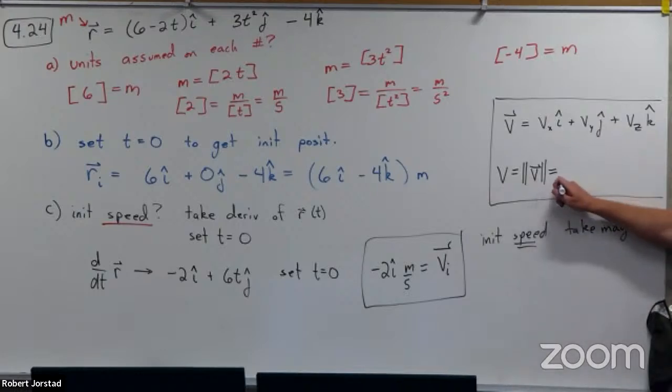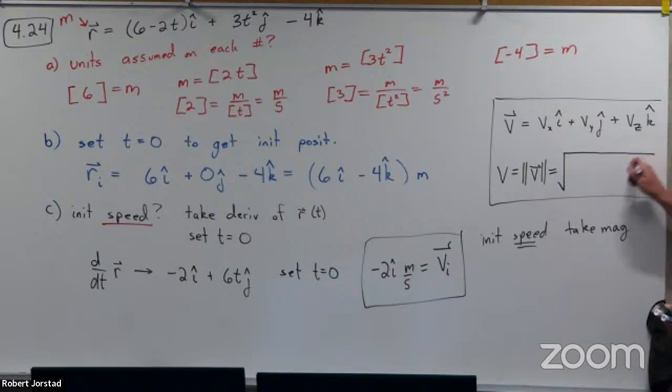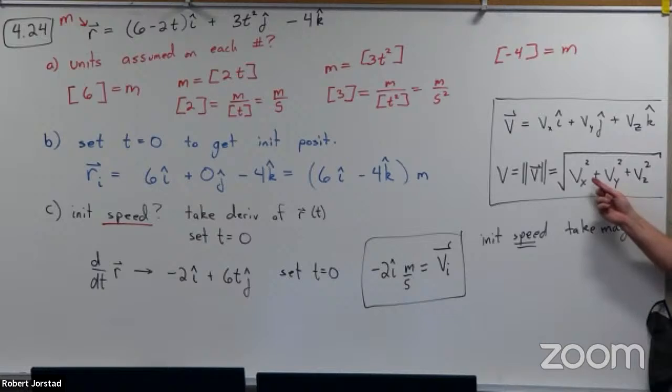Square root of Vx squared plus Vy squared plus Vz squared, like that. Now, in this case, I want to point out something carefully here. When you square this and take the square root, we should think, if we're getting speed, do I need the plus minus or is it just the plus root? This is only going to be the plus because we're looking at the magnitude of the vector. That's always positive. But you should always double check and think about it.